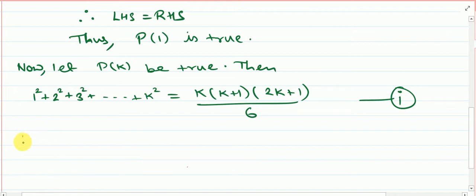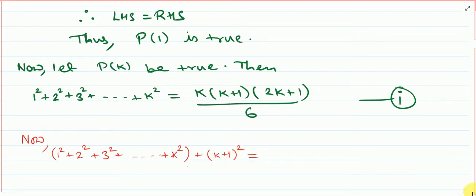So now 1 square plus 2 square plus 3 square plus dash dash dash plus k square plus (k plus 1) square is equal to.